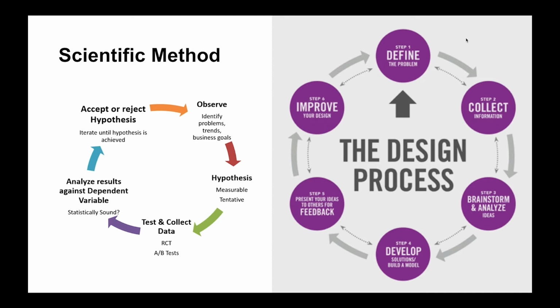Both of these methods define a problem, have a hypothesis, collect information, and look to make improvements based on an observation. If you look on the right-hand side here, we're defining a problem, collecting information, brainstorming and analyzing, developing solutions, gathering feedback, and then improving. There is not really a stop to this, and this is part of why it works so well with agile development.